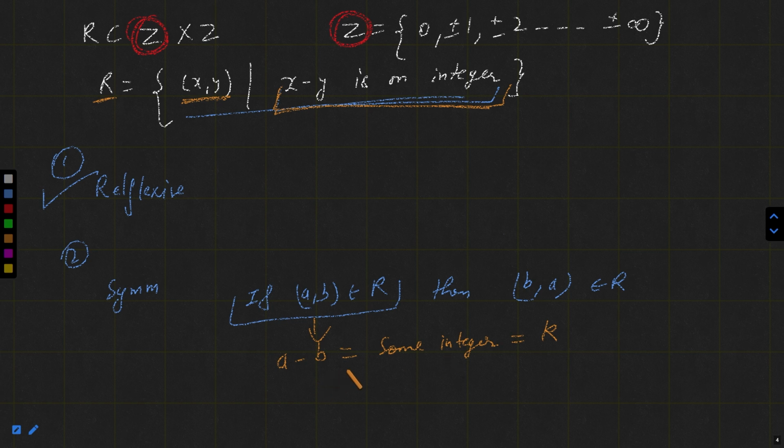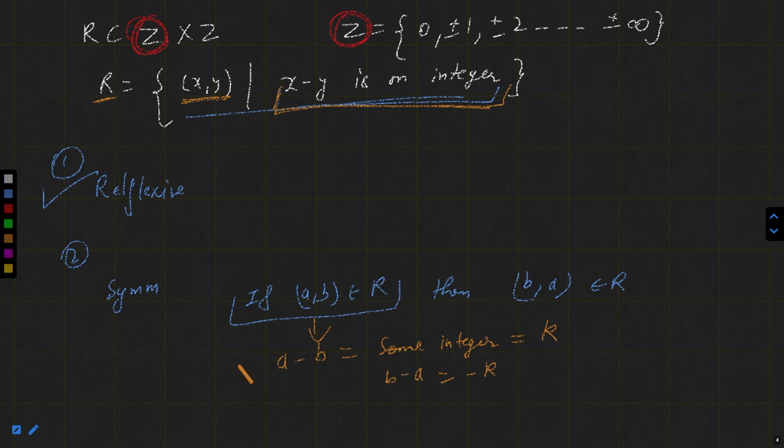So a minus b is equal to k. Multiply by minus 1 on both sides.